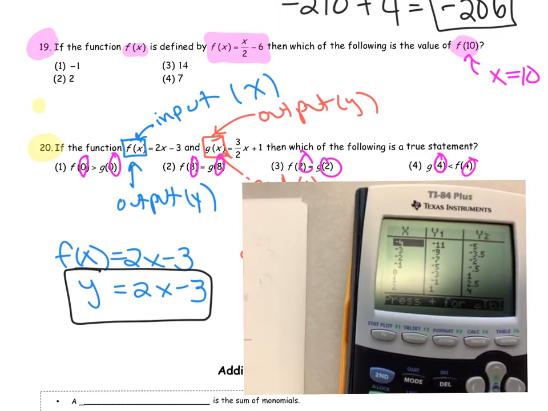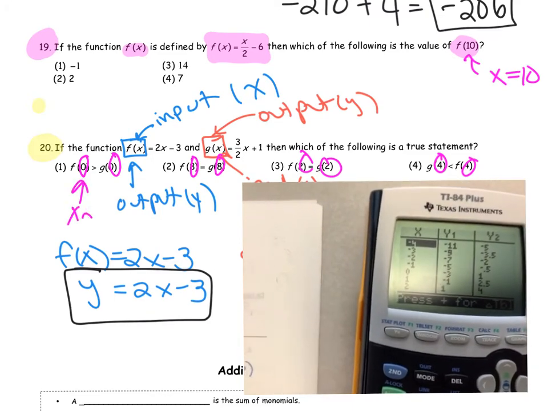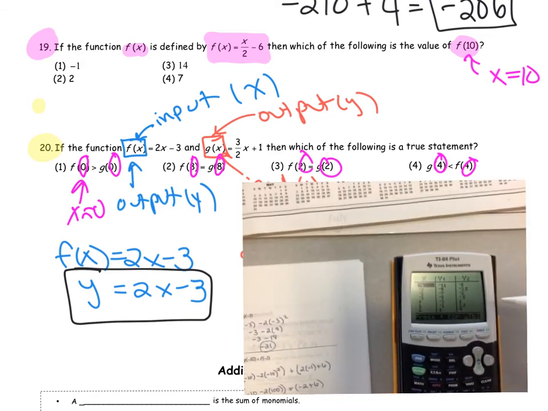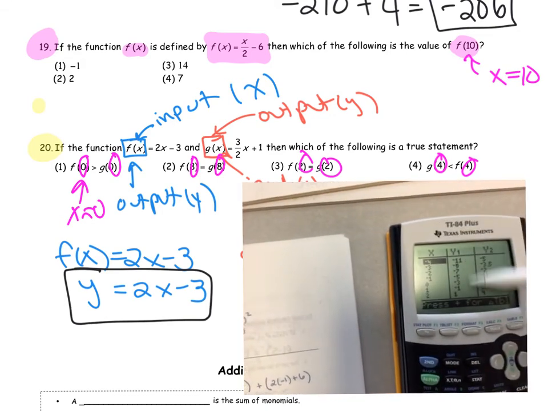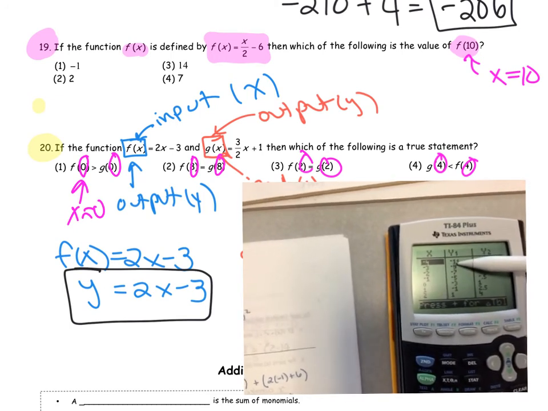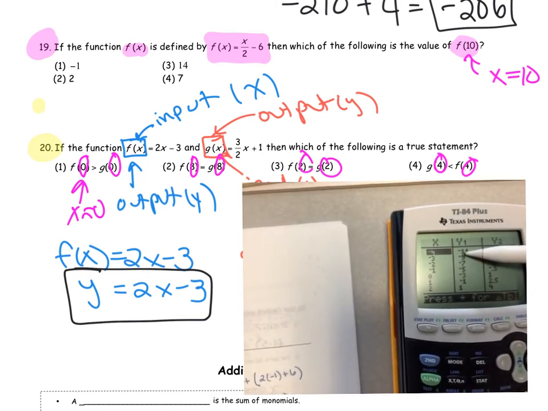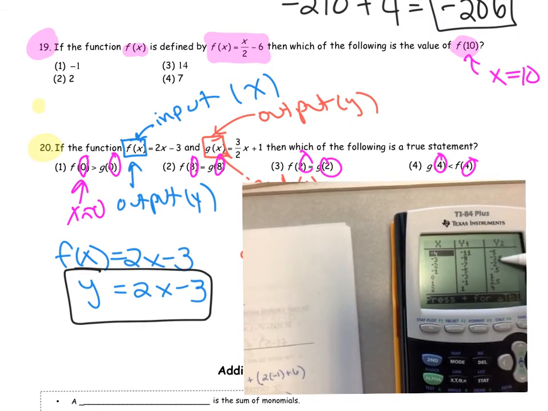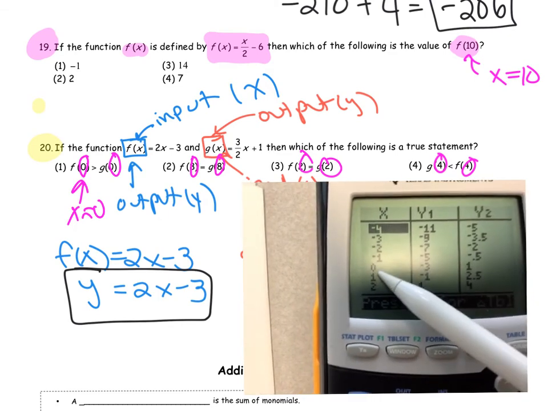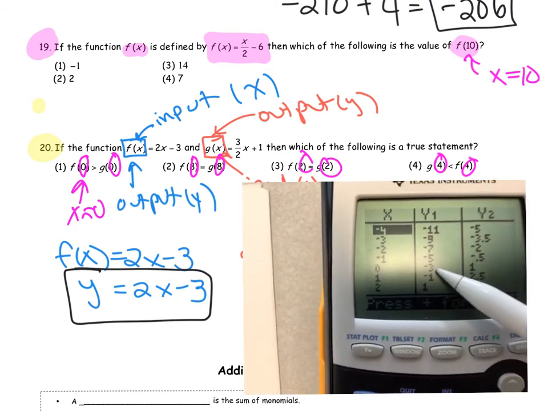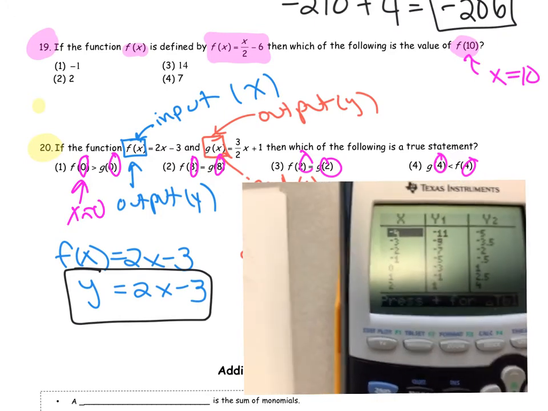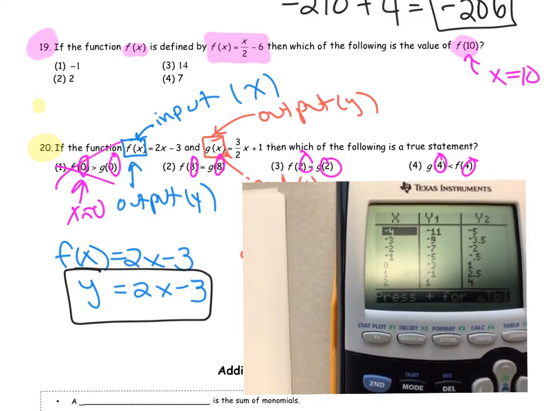Let's see. f of x is this column, g of x is this column. When x is 0, is the y value of f bigger? If x is 0 and f of x is -3, -3 is not bigger than 1, so this is out.